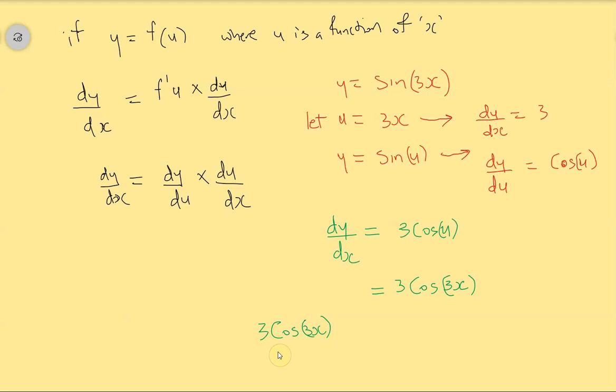As in sin x, look at the 3x as if it were sin x and just differentiate it. So if you differentiate sin x, you get cos x. If you differentiate sin 3x, you just write cos 3x. Then you multiply by the derivative of what is in the brackets, and what is in the brackets is 3x. So if you differentiate 3x, you get 3, so you multiply by the 3.